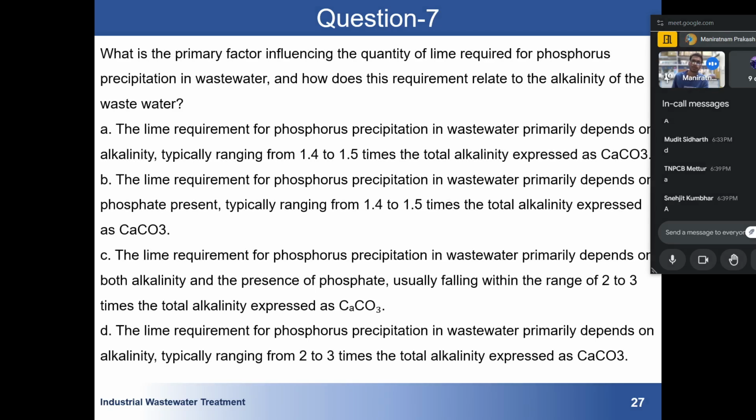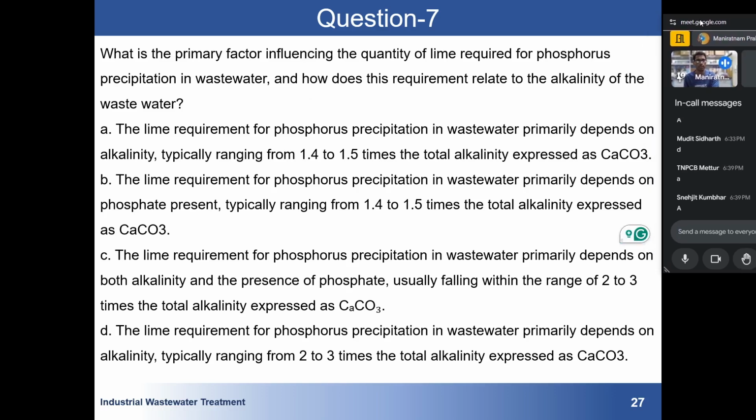Then we have a big question again. What is the primary factor influencing the quantity of lime required for phosphorus precipitation in wastewater, and how does this requirement relate to the alkalinity of wastewater? Read each and every option carefully and then try to answer it.